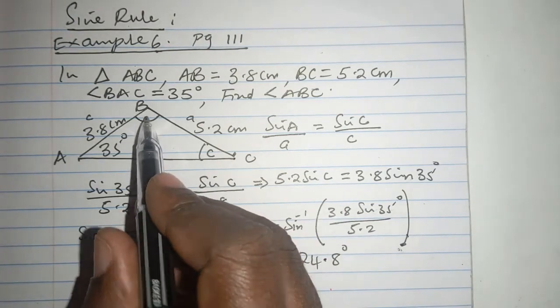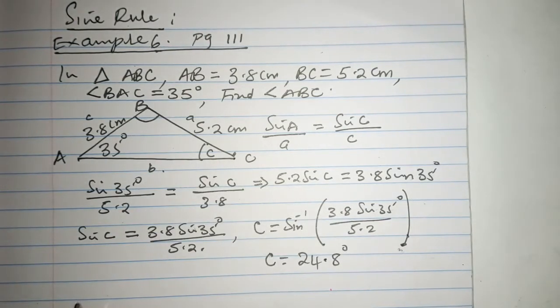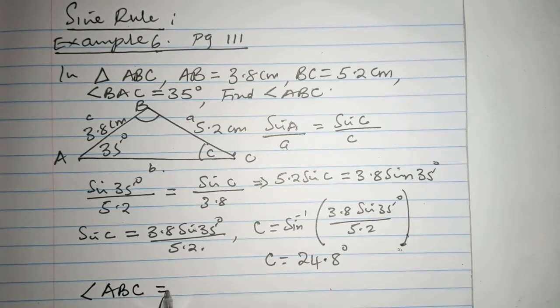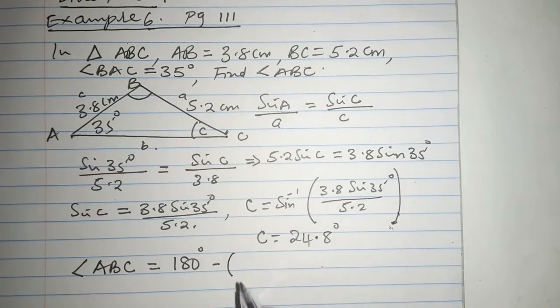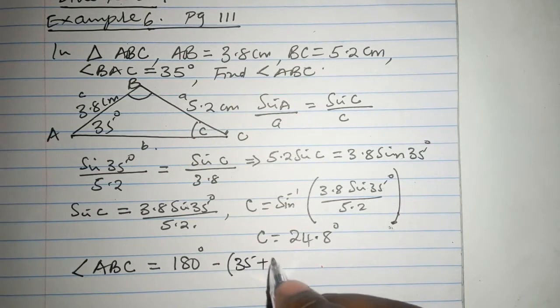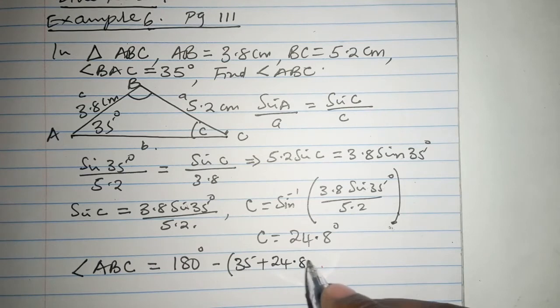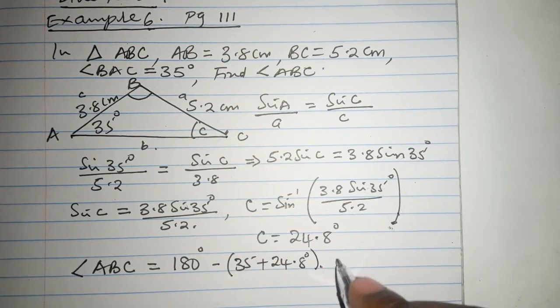And if our C is 24.8 degrees to one decimal place, and we are looking for this angle, it follows that angle ABC is going to be 180, which is the angle sum of a triangle, minus the sum of the angles that we have, 35 plus 24.8 degrees. And this is just simple.